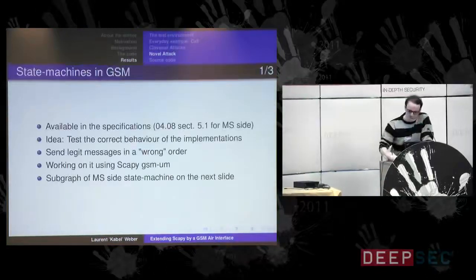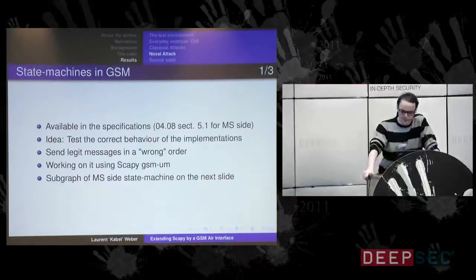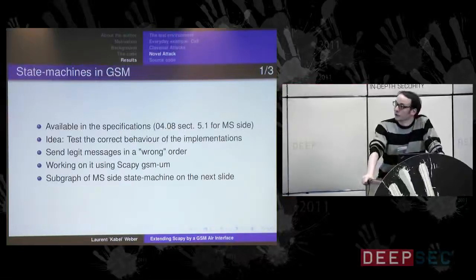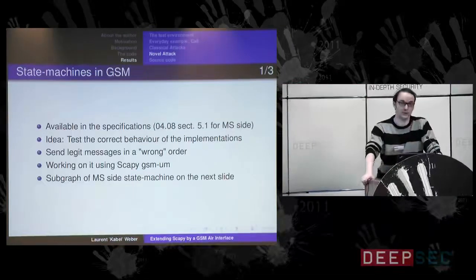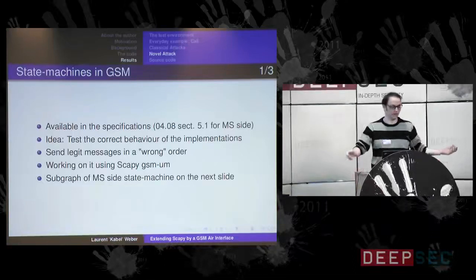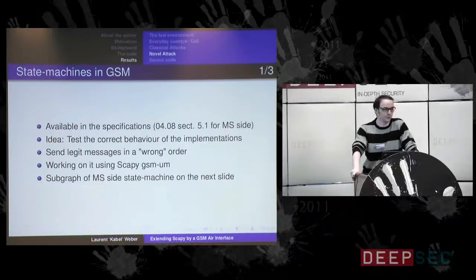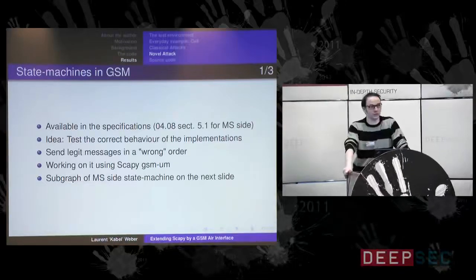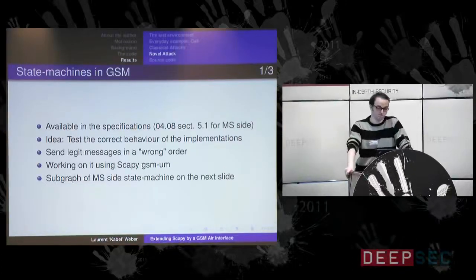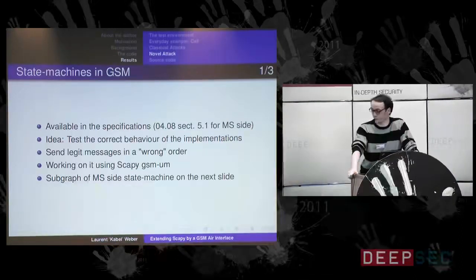And so now, last part of this talk, the novel attacks. Novel attacks are attacks that have never been done on the GSM network. The attacks are not really new, but never been done on the GSM network. I decided to do some research on the state machines. There, I focus on the state machines of the mobile subscriber on the mobile station side.